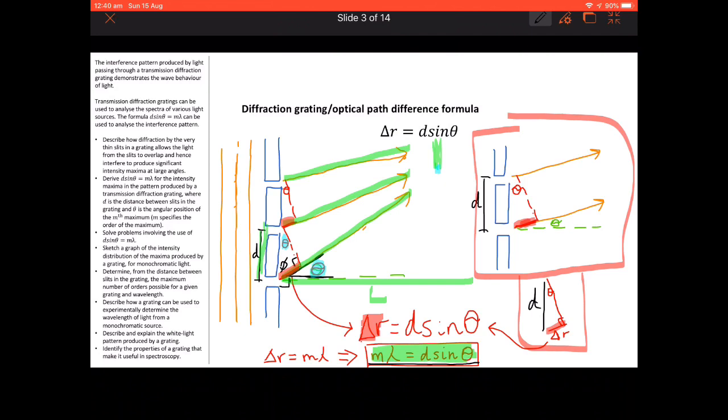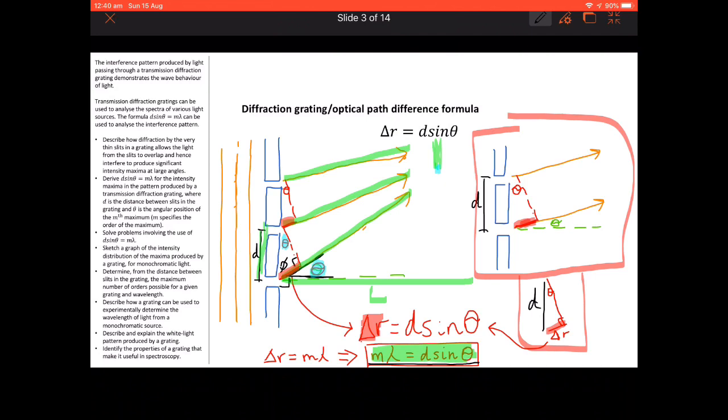One of them has travelled one full wavelength further, so that a peak can occur where a peak is occurring on the other wave, and a trough will occur where a trough is occurring on the other wave, so they're in phase.